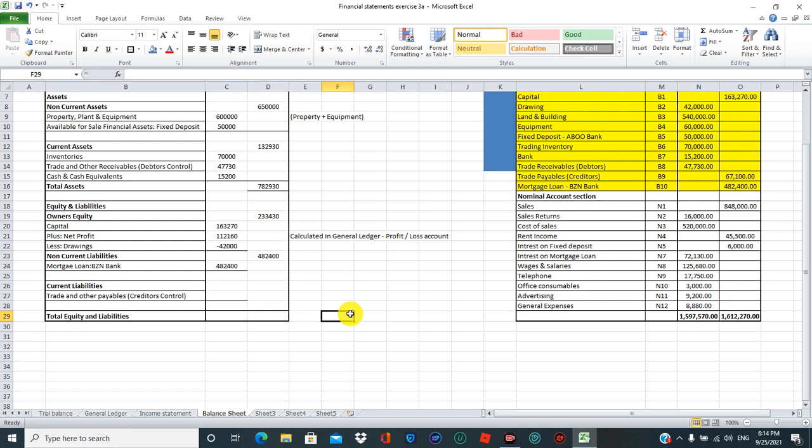And then we've got trade and other payables. I've done the mortgage loan, and then trade and other payables, that's your trade payables. That gives you 67,100, so we're just going to add that. So that'll be 67,100. That's the only one.